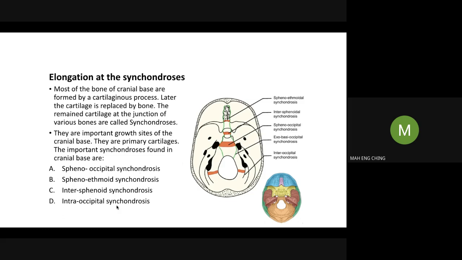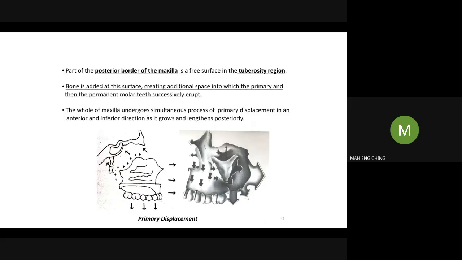Likewise for the other bones, the joint takes the names of the two bones. Intersphenoid means it's within the sphenoid bone itself. They also have a synchondrosis. So this one is the intersphenoidal. It just means within the sphenoid bone, there's also one joint. Then intra-occipital. This is the occipital bone, and there's also one joint within the bone itself.